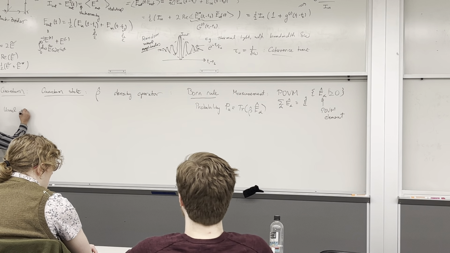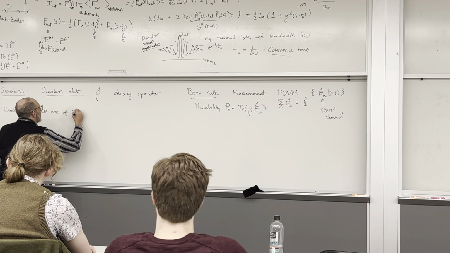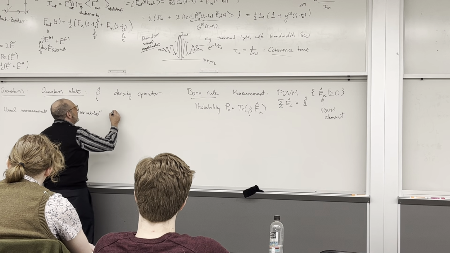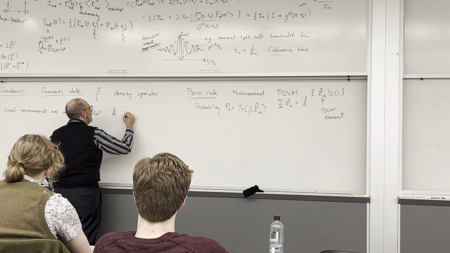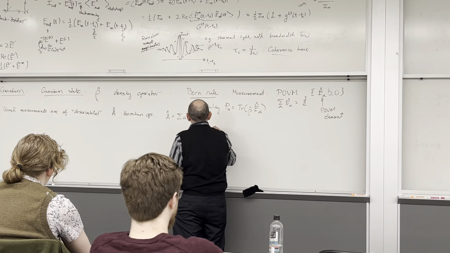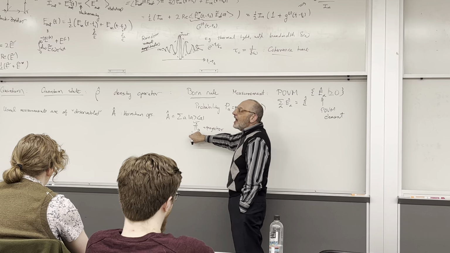Now, as we remember, the usual measurements are of observables. This is the language we typically first learn when we learn quantum mechanics, the observables being Hermitian operators which will have a spectral decomposition in terms of eigenvalues and eigenvectors, and the probability of finding this is some projector onto that outcome, that is to say, when you multiply it by itself, you get it back, and that forms a POVM, that's to say, a resolution of the identity.